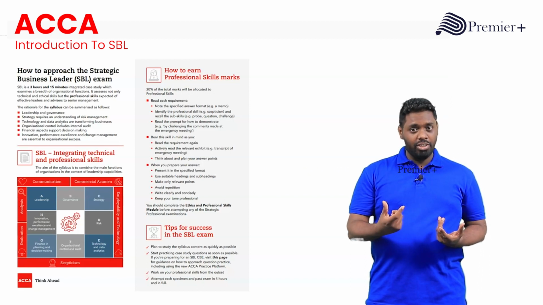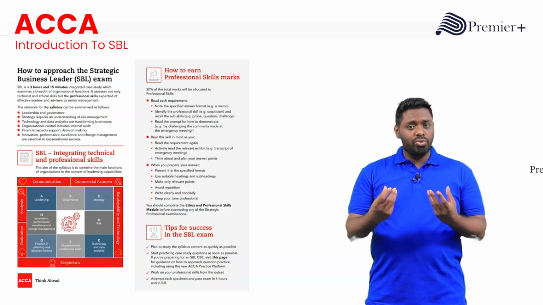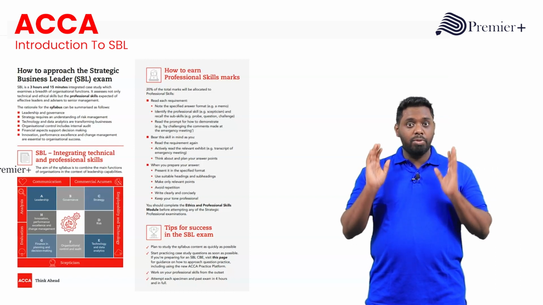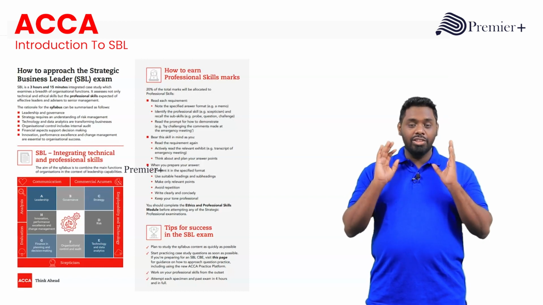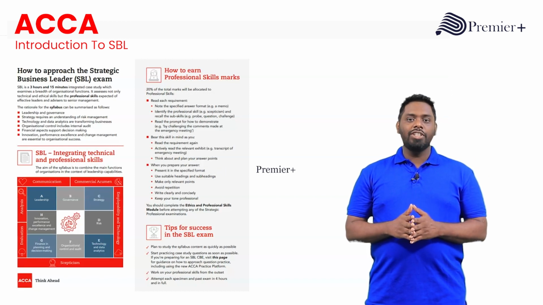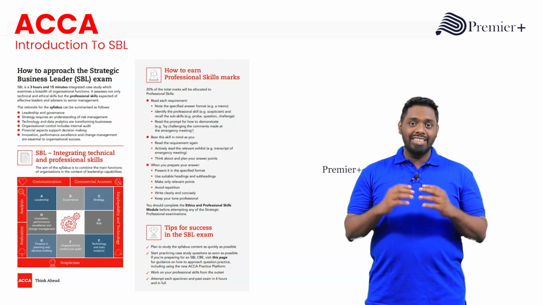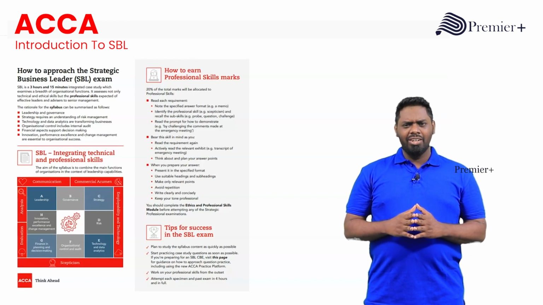If you are an advisor, you should act as an advisor. Your response should be fit for this position, because we want you to actually sit in this position as an advisor, as a director. So professional skills are awarded for the skills you exhibit, a total of 20 marks.